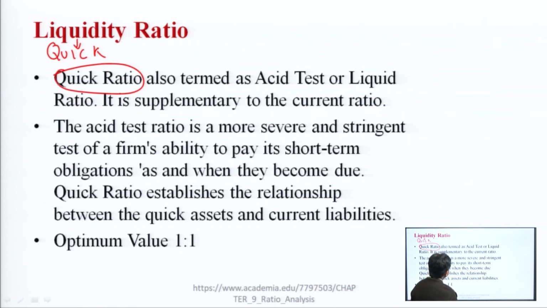It is supplementary to the current ratio. Sometimes we need to find out the figures which are closer to cash. Therefore, we leave out some elements from the current ratio to find the more liquid position of the company.